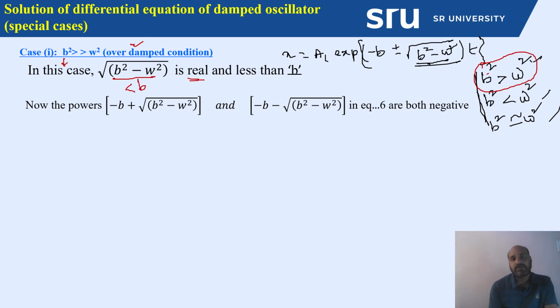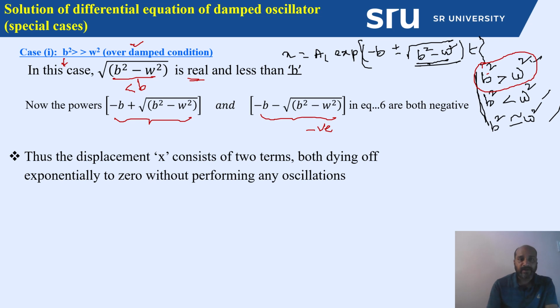So both terms get negative values. If both are negative, what does it mean? The position of the oscillator is decreasing with respect to time.